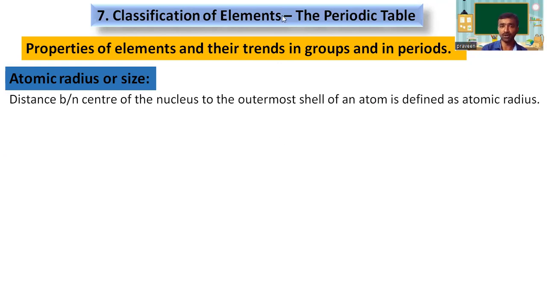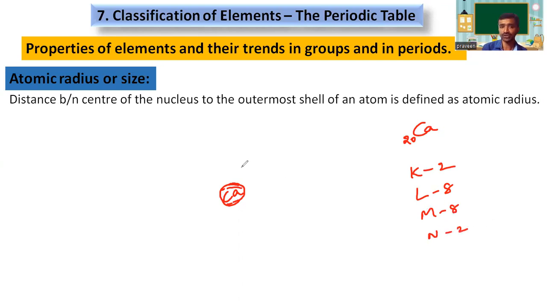For example, take any atom, suppose calcium. This is the nucleus. Then how many shells are needed to fill it? Calcium's atomic number is 20. So the distribution of electrons is K shell 2, L shell 8, M shell 8, and N shell 2.